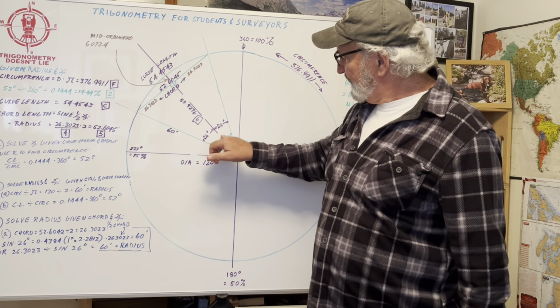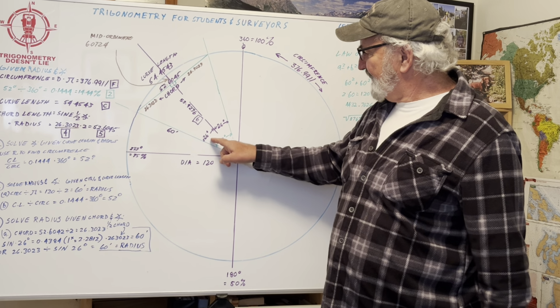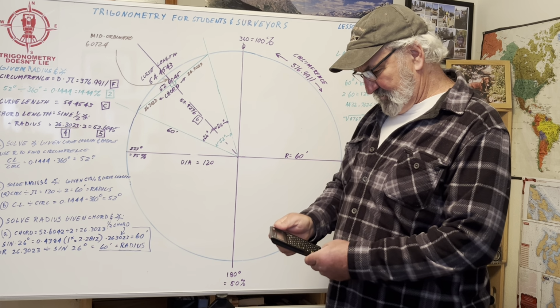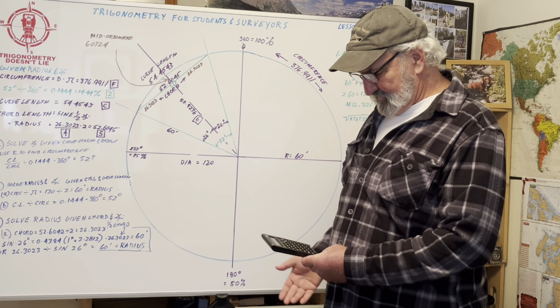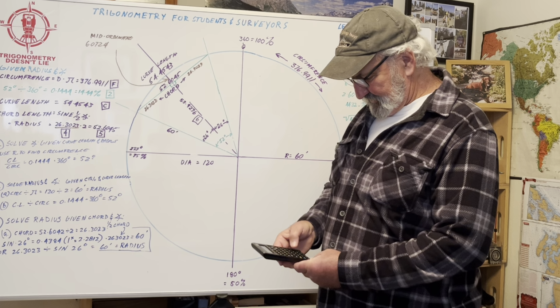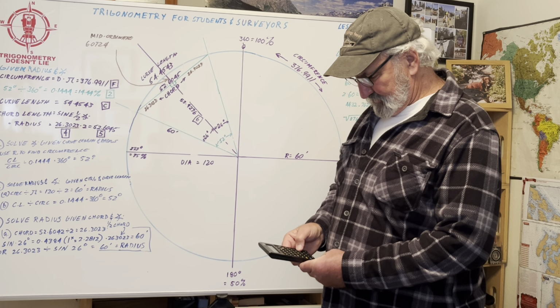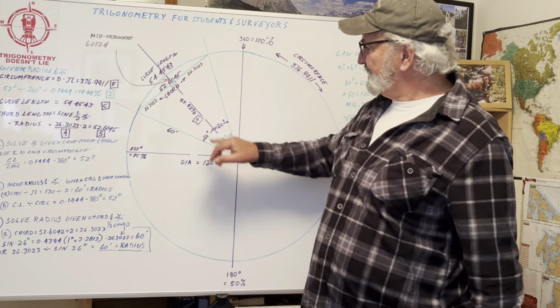So we only have this one distance. We're going to go with the sine of this angle, 26 degrees, sine is 0.4384, and we're going to go times 60, and it's 26.3023. So that's your chord length.